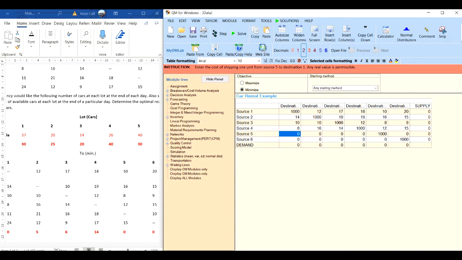Here again, source 5, 11, 21, 16, 18, 10. And our final one, we have 24, 12, 9, 17, 15. So we've entered all of our relevant data.